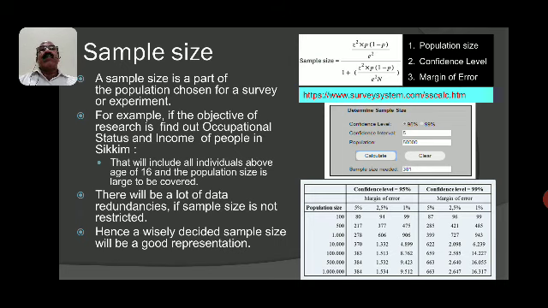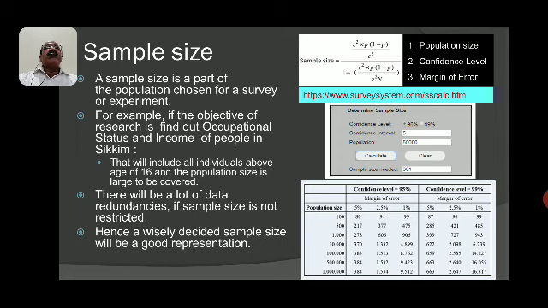Then sample size. This is most important. See, sample size should not be too small that it does not represent the population, or too high that you have repeated similarity in the responses. That means redundancies. So what should we be careful about?